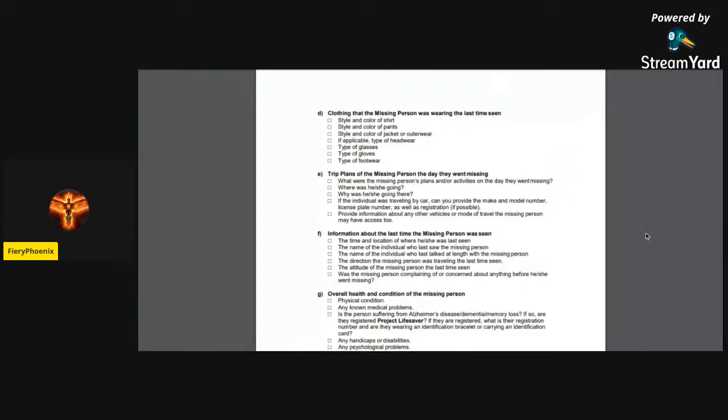Okay. Trip plans of the day they were missing. This is one I never found out. I never thought about this one. What were the missing person's plans or activities on the day they went missing?